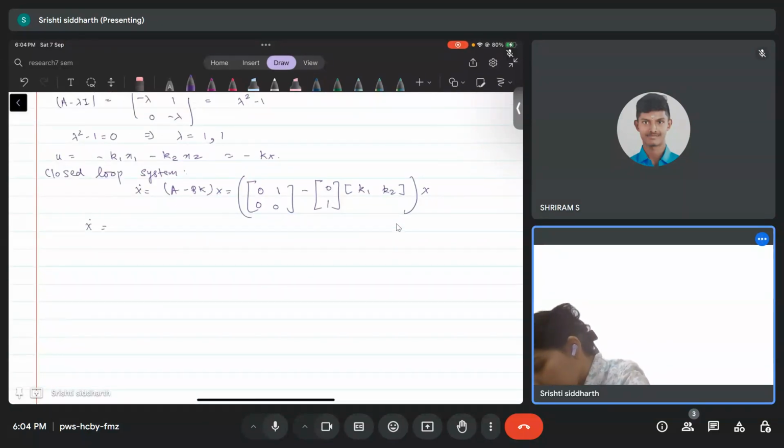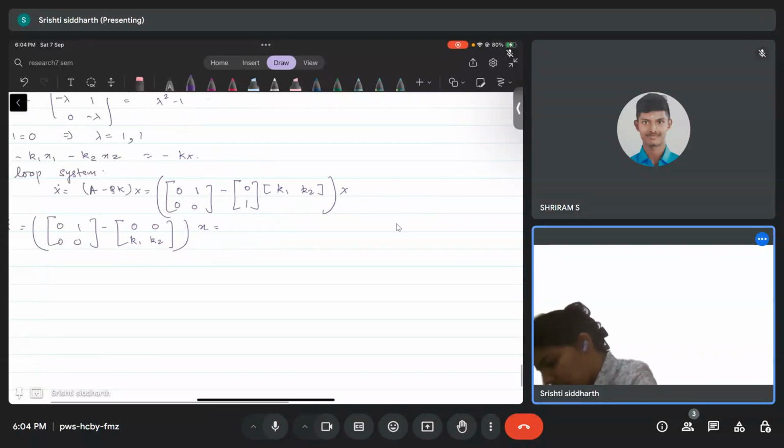So x dot is equal to [0, 1; 0, 0] minus [0, 0; K1, K2]. Now this is [0, 1; minus K1, minus K2] times x.